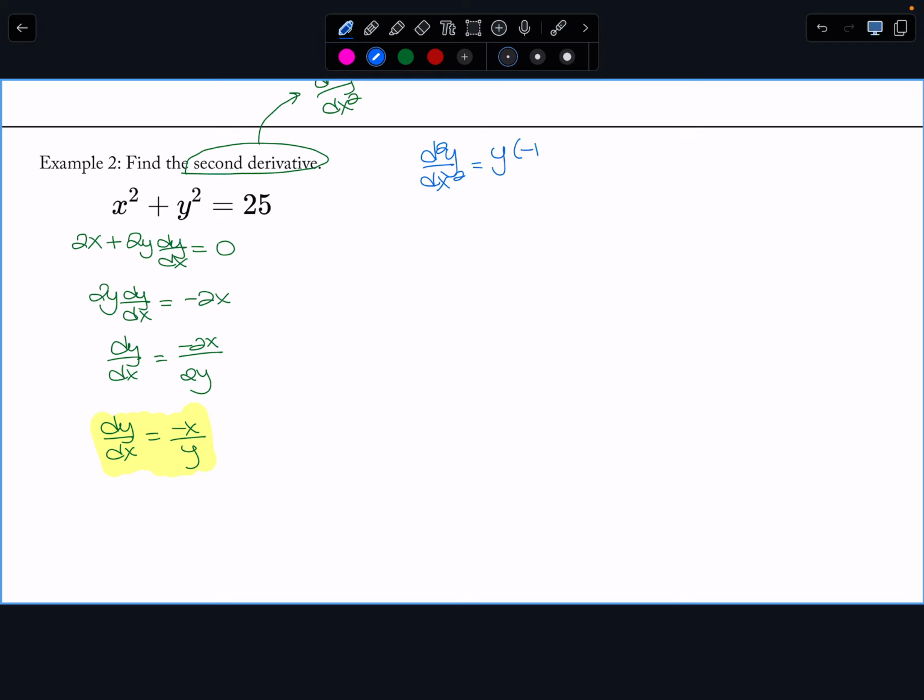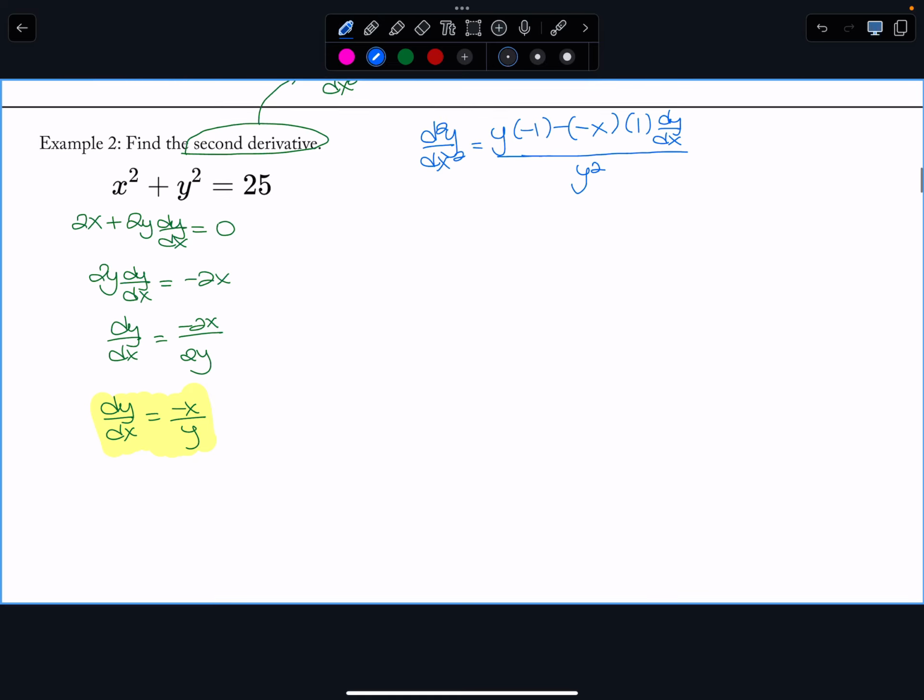So low d high minus high d low over low squared. The derivative of y, so I have to write dy/dx. So d squared y over dx squared is negative y plus x dy/dx over y squared.